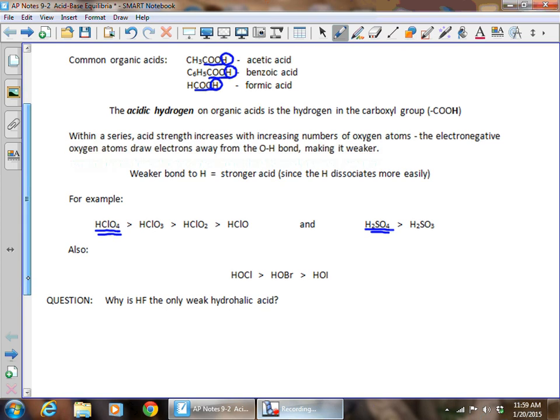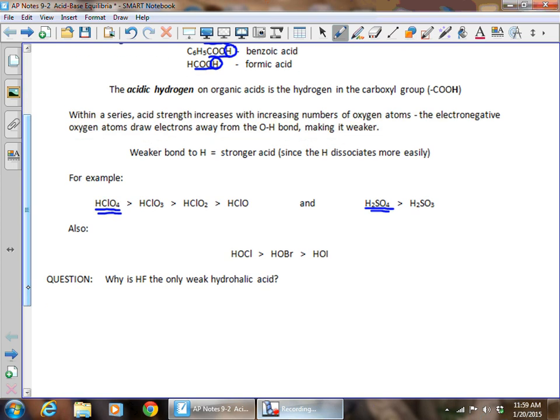Also, the more electronegative that element is with the OH bond, the stronger the acid is going to be, because it pulls electrons away from that OH bond, and it's going to result in a weaker hydrogen attraction to that molecule, so it's going to pop off easily.